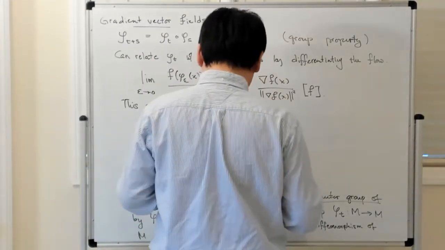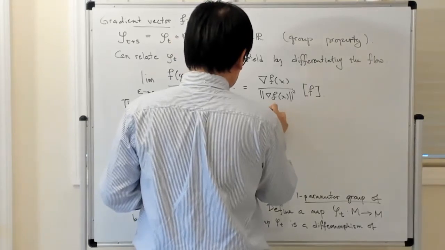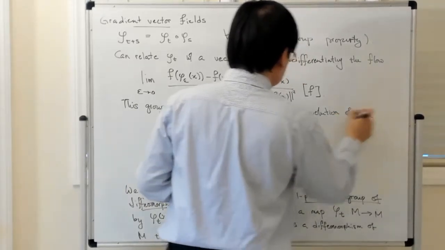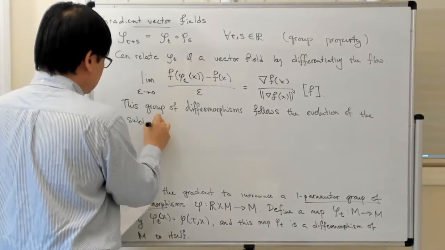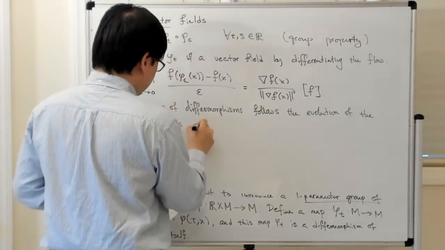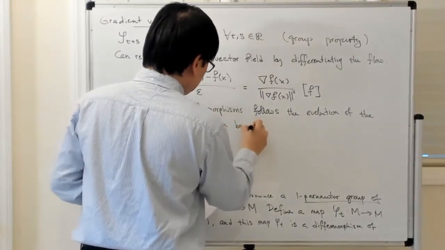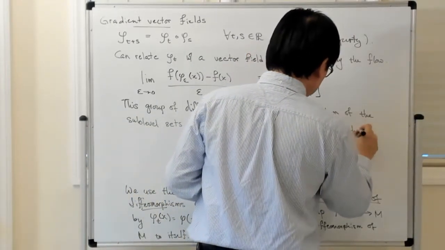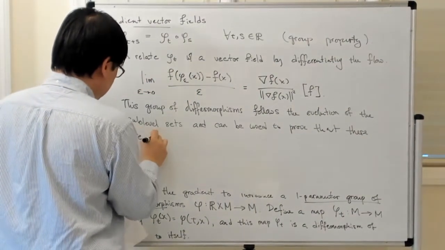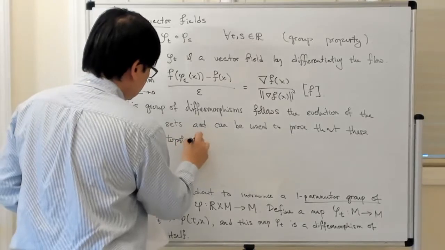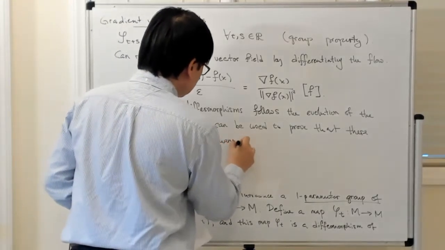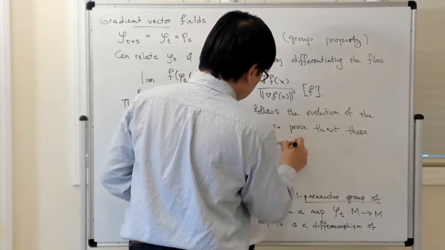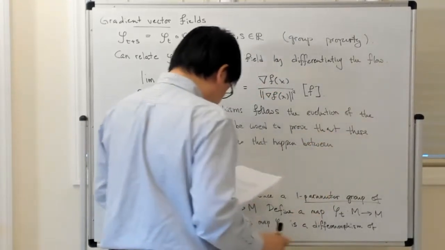So this group follows the evolution of the sublevel sets and can be used to prove that no topological changes can happen between contiguous critical values.